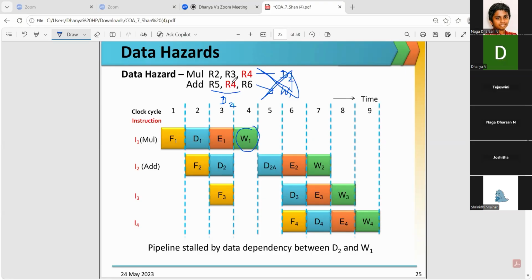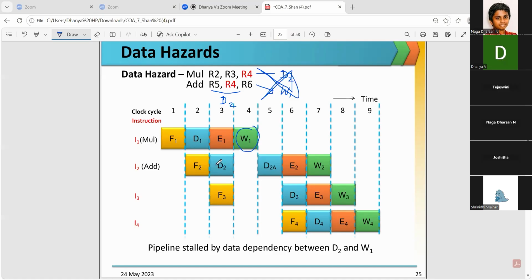You're now noticing that you need R4 from somewhere. But at the time you're doing this D2, you're still not writing something to R4. In your next clock cycle only, you're writing R4 with the W1 instruction. So R4 only gets updated in your next step.